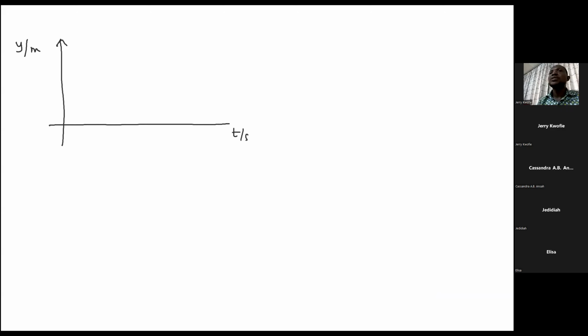Now, because the trig function is a cos, we are going to draw a graph which has the shape of the cos function. So our graph is going to be like this. This is 1 cycle.